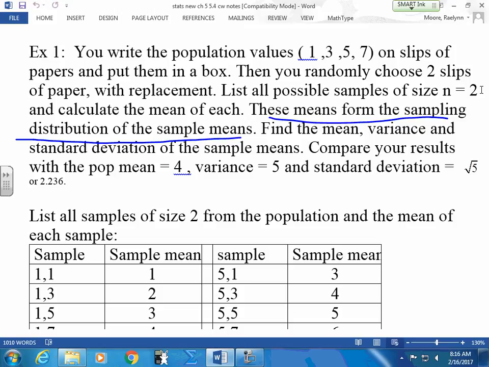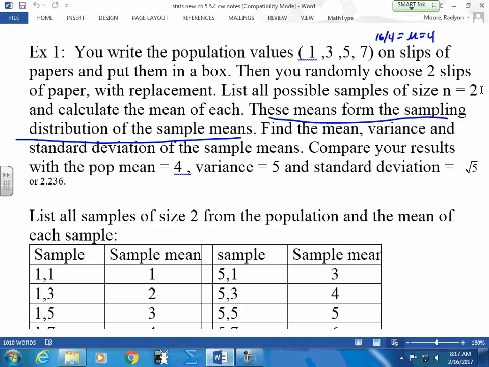So they want us to compare our population mean, that it stays the same for your sample. Okay? If you added these together, so 4, 9, 16, and you divided 16 by 4, isn't the mean of your population 4? Agree? Okay.